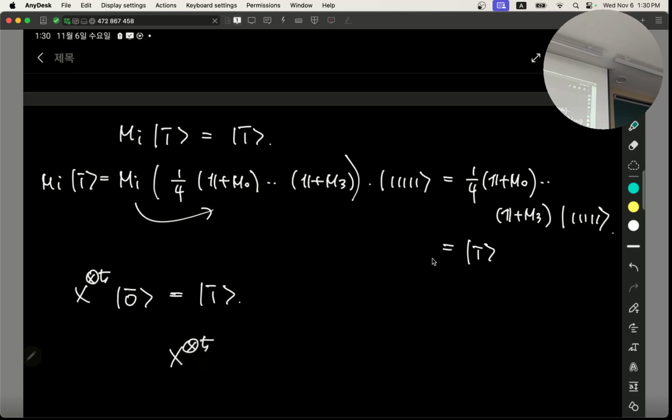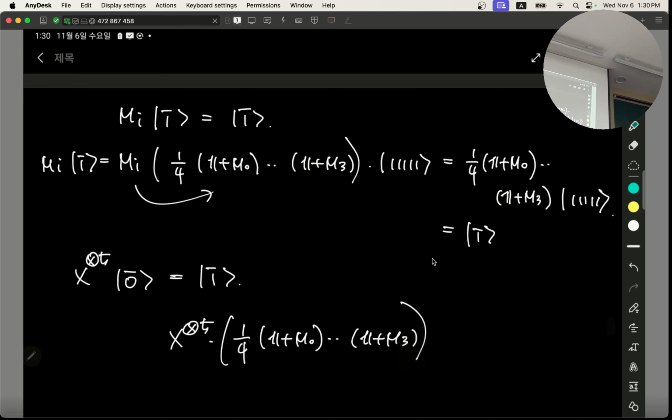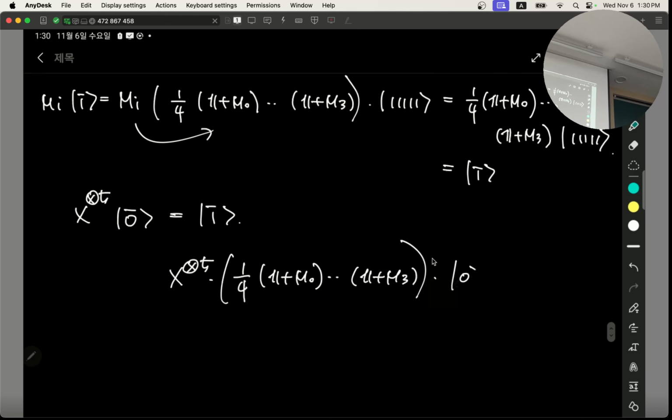We have 5 X's applied to 1 over 4, (1 plus m0) up to (1 plus m3), and then there's a 0 here of 5 qubits. Okay, so why is that?